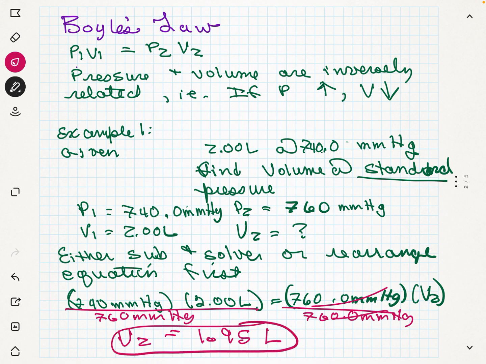Make sure you can get this answer, and please note that I've been mindful to include 3 significant figures. That's how we solve Boyle's law problems. Please remember, for Boyle's law, T is constant, so we don't need to include that in the problem.